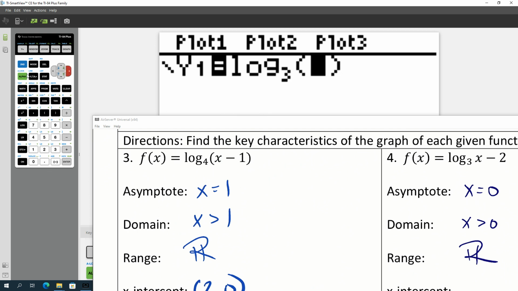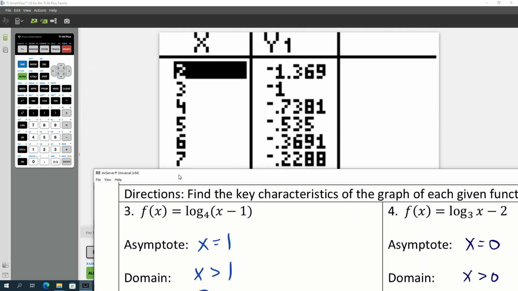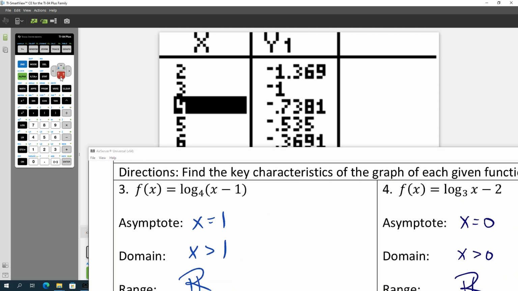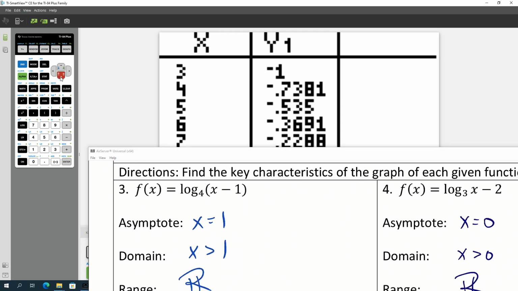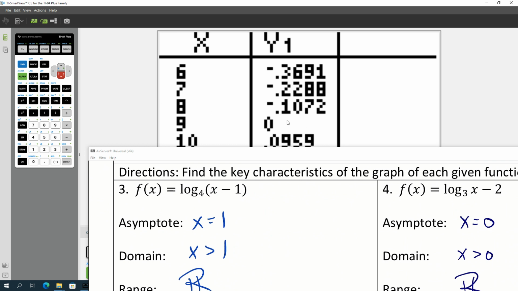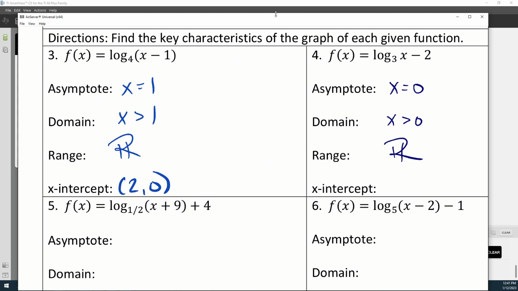So in this case, x is the only thing in the parentheses. All right. There it is. 90 is our x-intercept.